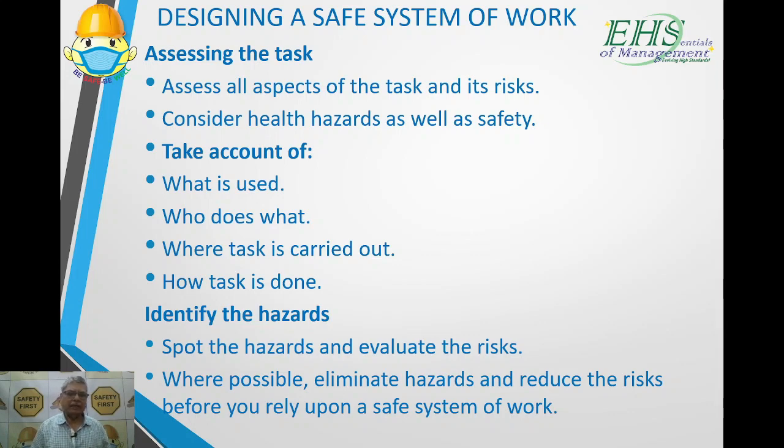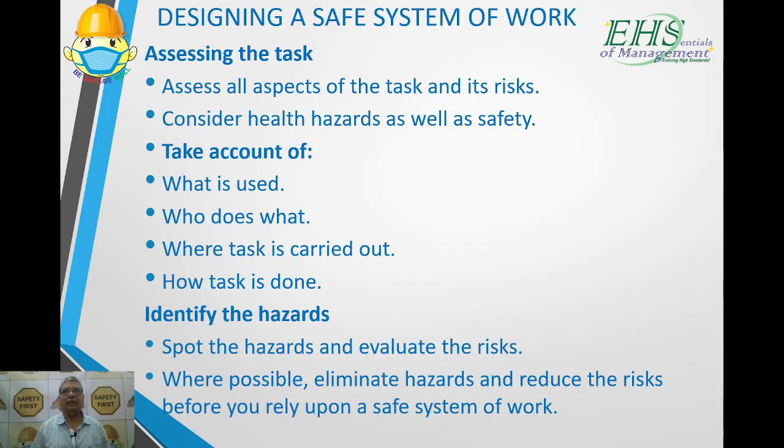Then second step, identify the hazard. So spot the hazard, whether it is occupational hazard or the safety hazard. Evaluate the risk involved. Where possible, eliminate hazard and reduce the risk before you rely upon a safe system of work. Again I am repeating that first you have to eliminate the hazard.